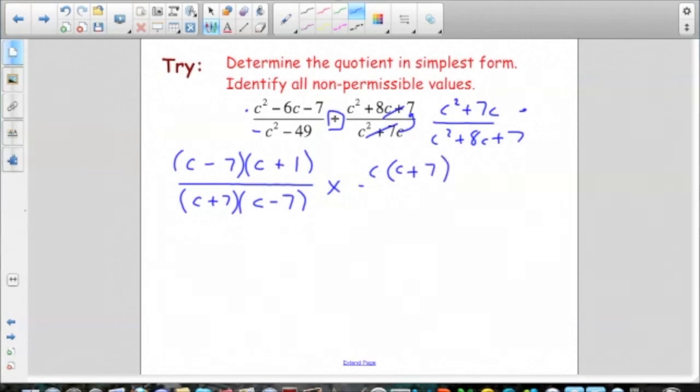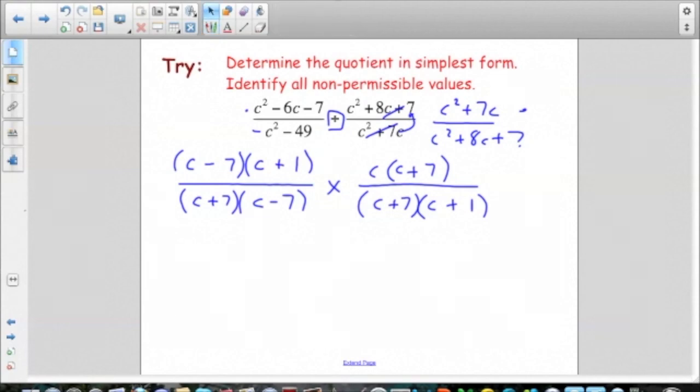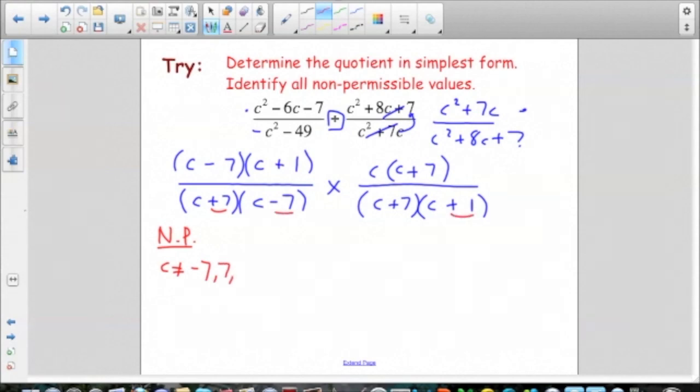And on the bottom we have a difference of squares again. It's C and 7, it's easy again, 7 times 1, and it's plus, it's plus. Okay, let's do our non-permissibles. Our non-permissibles here is C cannot equal negative 7, and over here it's negative 1.